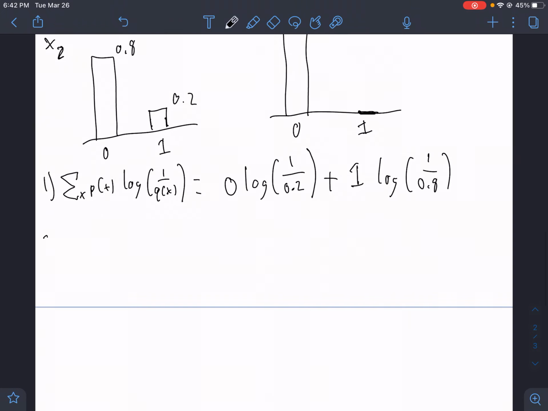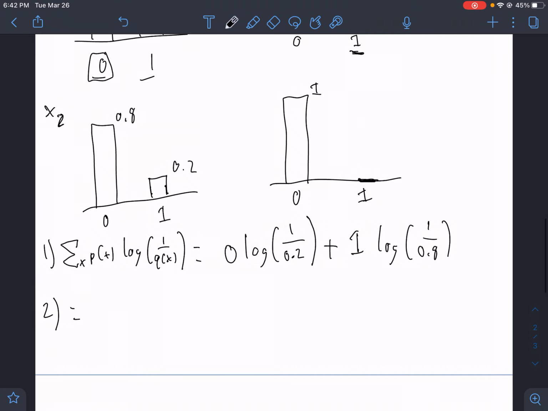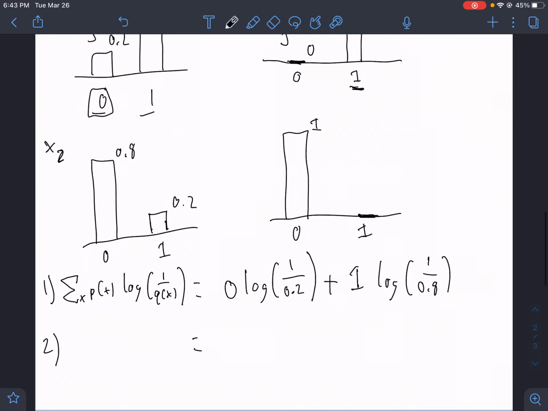Now, for the second one, for the 0, we have the ground truth of 1, and inside the log we have our Q of x, and our Q of 0 is 0.8, so it's 1 over 0.8.